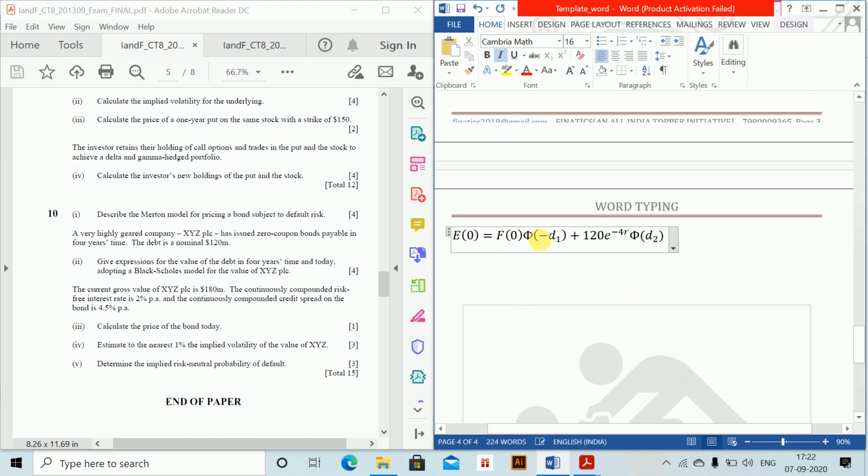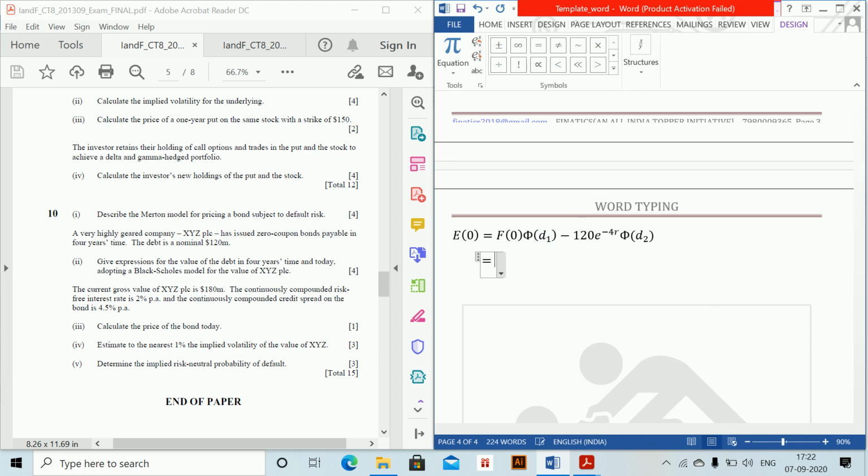So this is equal to 180 Φ(d1) minus 120 e to the power minus 0.08 Φ(d2).